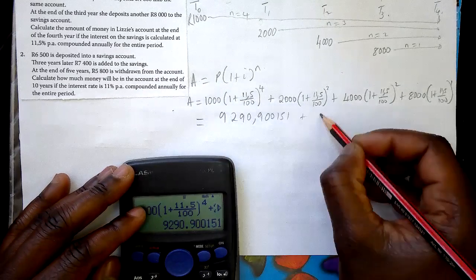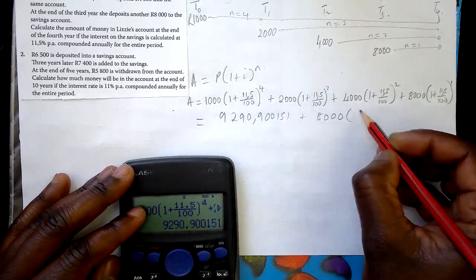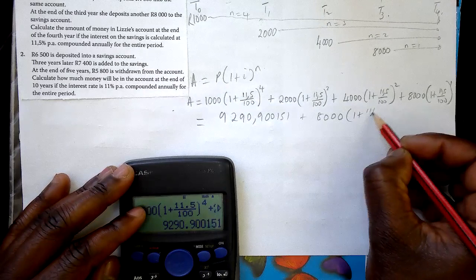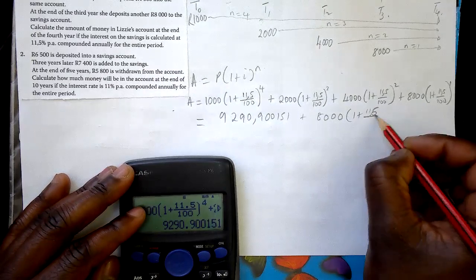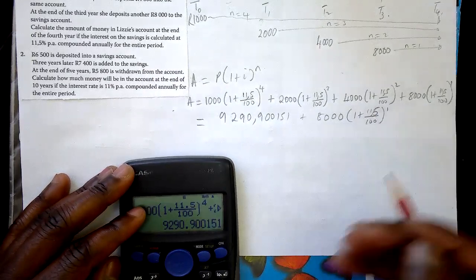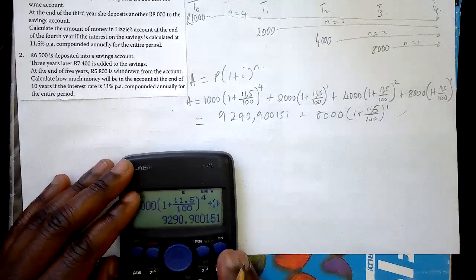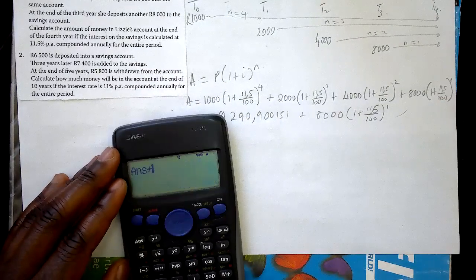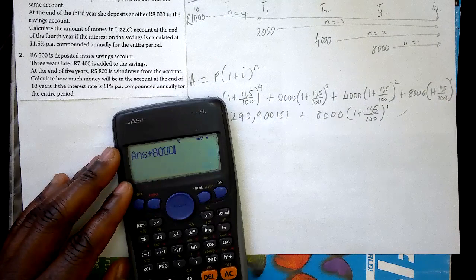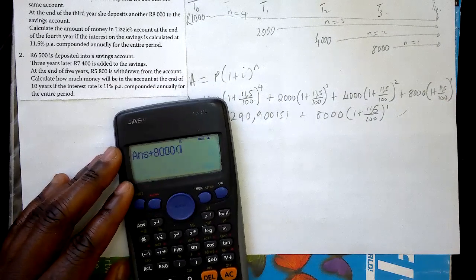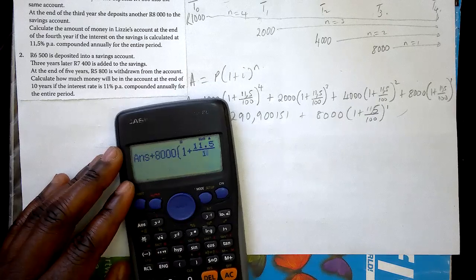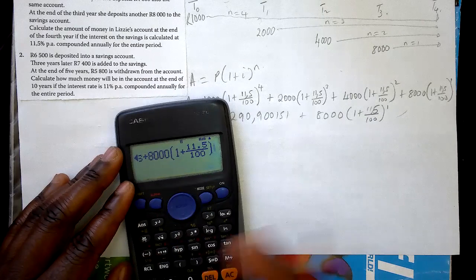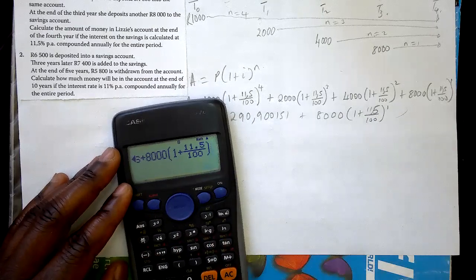Plus 8,000, 1 plus 11,5 over 100 to the power of 1, which we can just leave like that, okay?